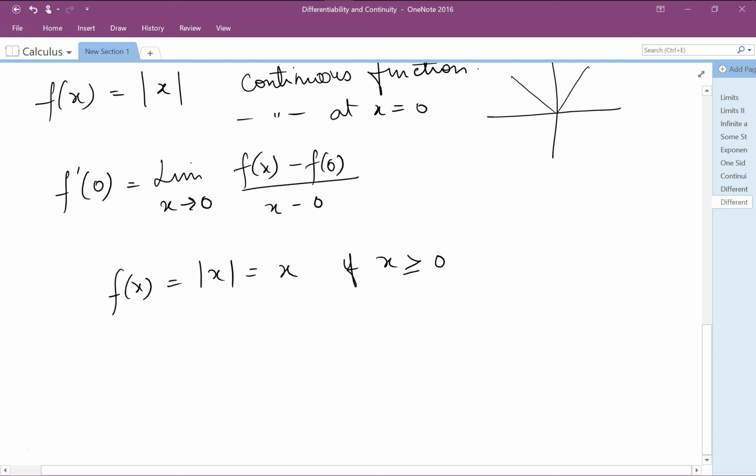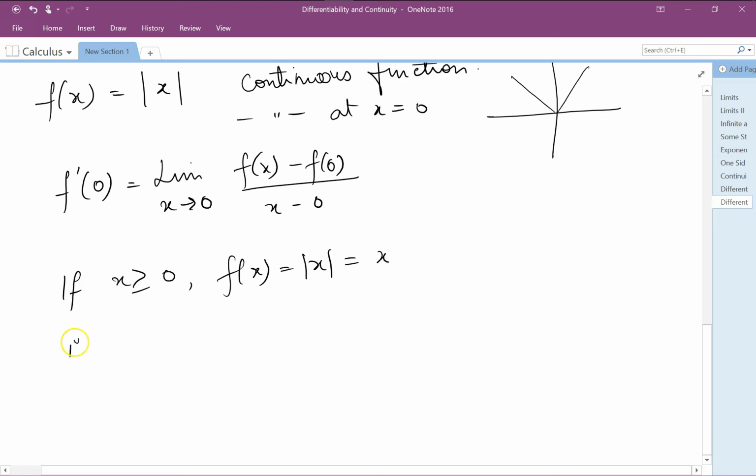If x is greater than or equal to 0, then that means x is a positive number. If it is positive, then it is x. If x is less than or equal to 0, now here x is negative. So f of x is equal to minus x itself, because here x is negative, so minus x is positive.